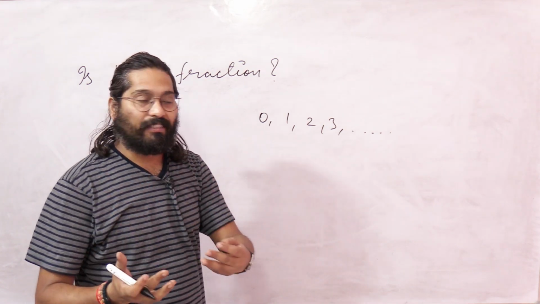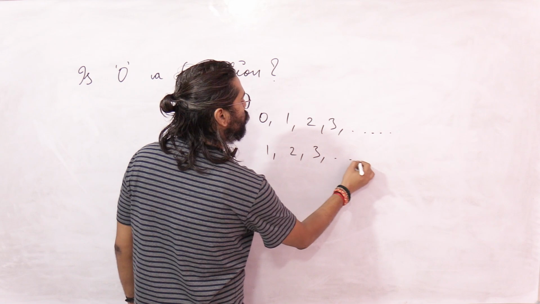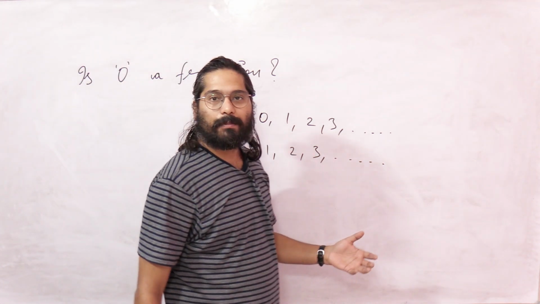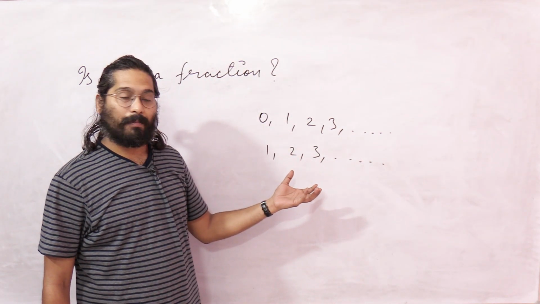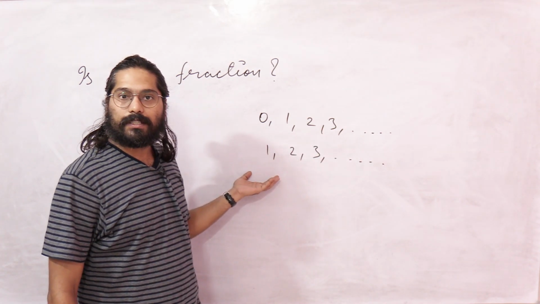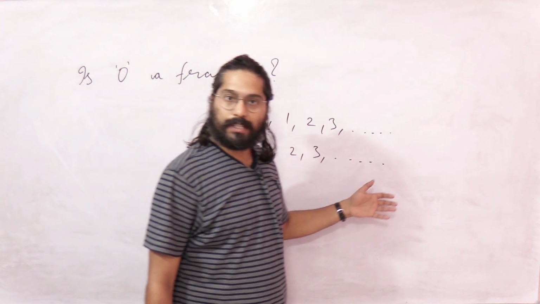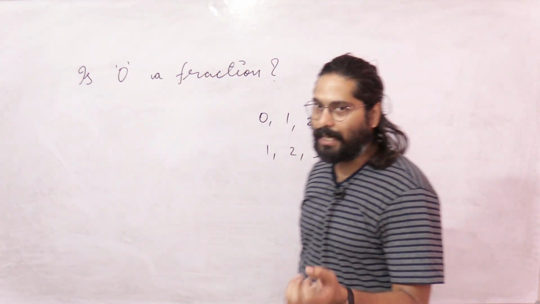Some mathematicians define natural numbers to be 1, 2, 3 and so on. So, you can see there are contradictions between mathematicians' definitions of natural numbers here. Some include 0 in the natural numbers list, and some exclude 0. So, why is it? Let us try to understand this.